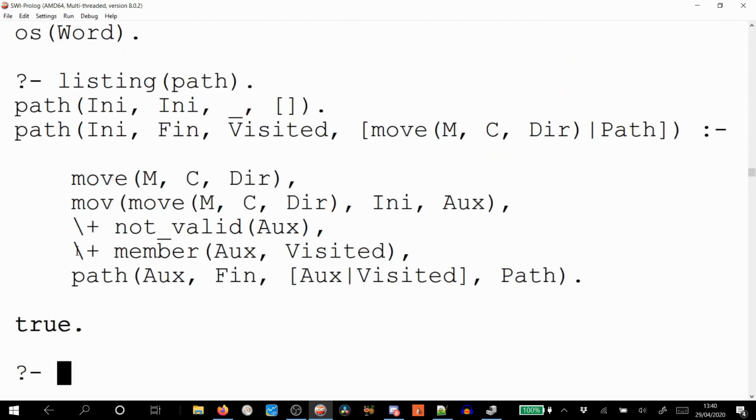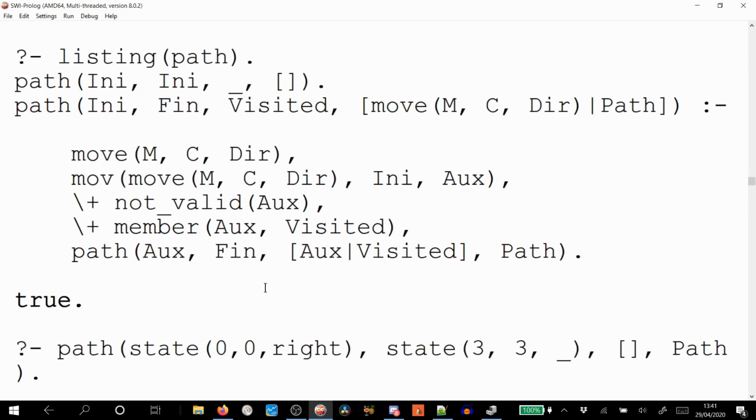And now we have this line, this is a very important line. Check the new state is not in visited, not included in the visited list of a state. So now this is the path from 0, 0, the boat on the right side, to the 3, 3.